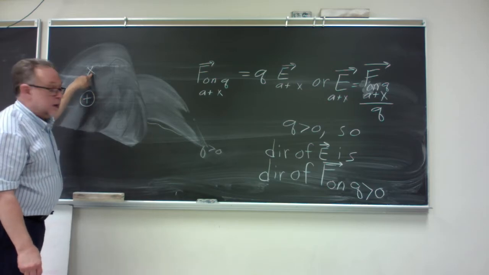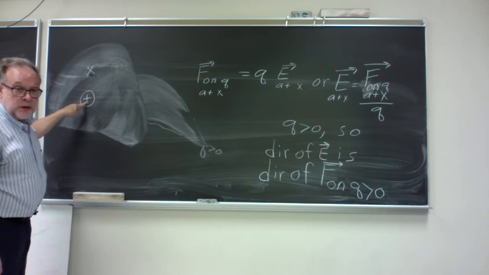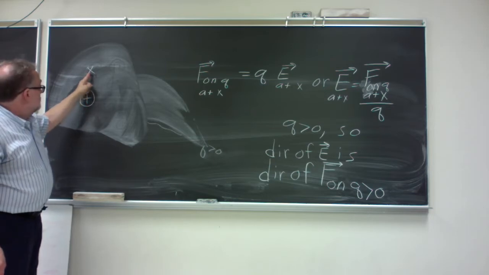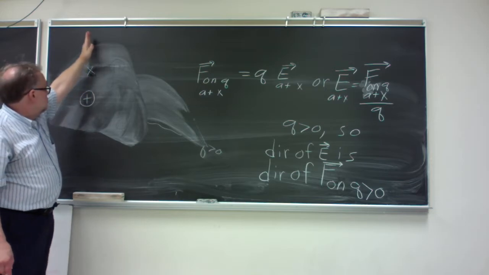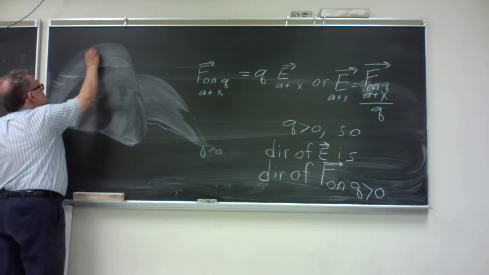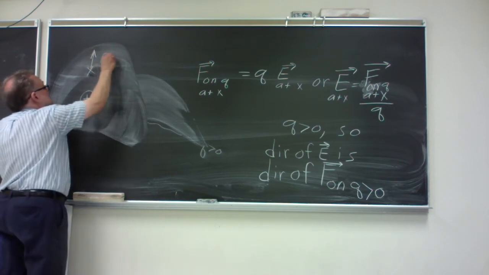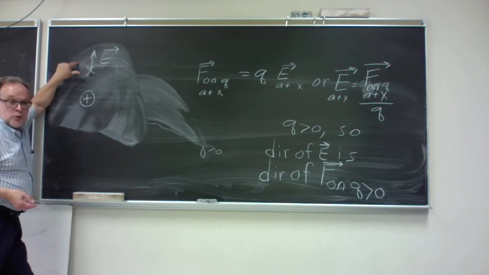And of course, if you put a positive charge here, it feels a repelling force from this other positive charge. So the force on a positive charge located here would point straight directly away from this charge. And since that's the direction of the force that a positive charge here would feel, that's the direction of the electric field at this point.